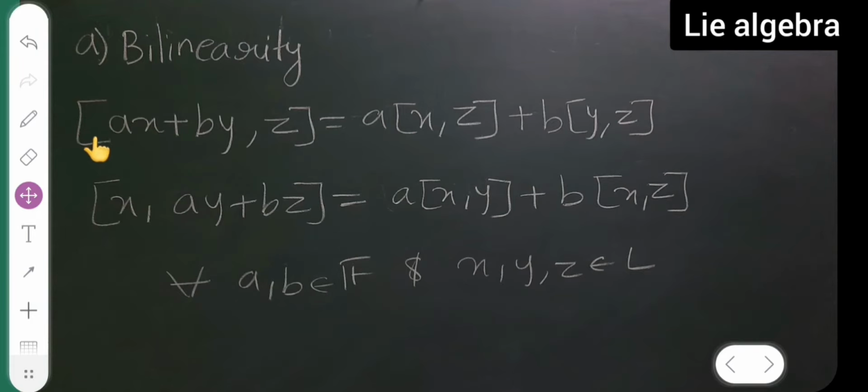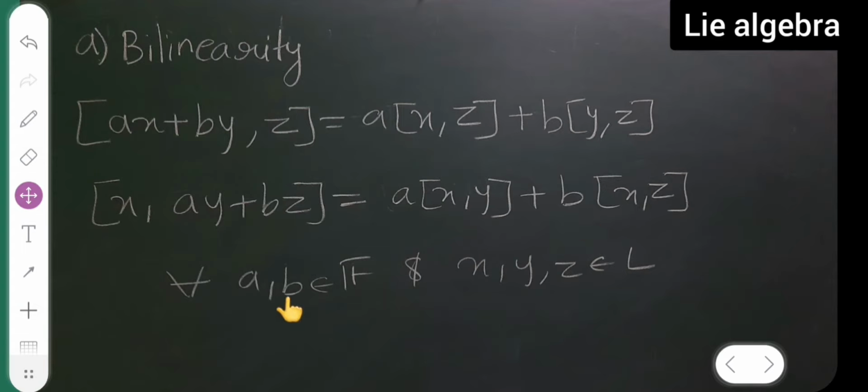Bilinearity: [ax + by, z] is equal to a, it is a scalar, so take it out, [x, z] plus b, I have taken it out, [y, z]. Then the second one is [x, ay + bz] is equal to a times the Lie bracket of [x, y] plus b times the Lie bracket of [x, z]. Here a and b are taken outside.